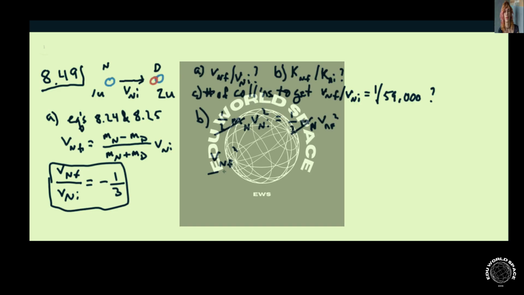And so the final squared divided by the initial squared is equal to the ratio of the kinetic energies. And since this is the same as the ratio squared, this is 1/9.